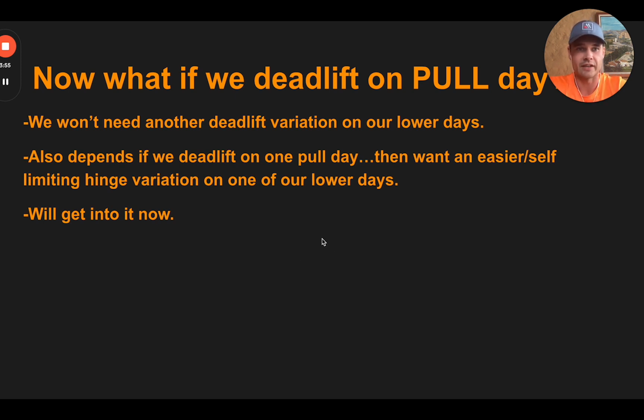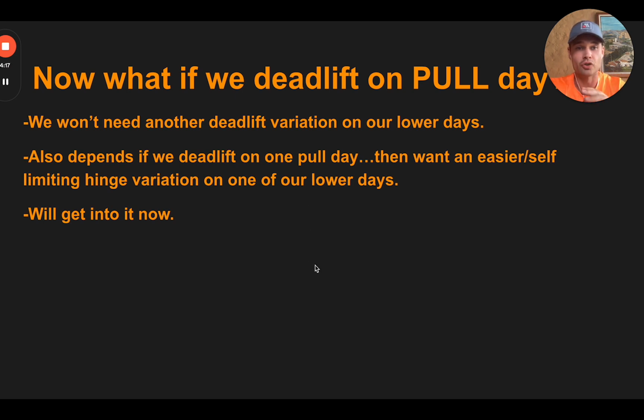For the sake of the video, I'm going to go with the example that I've done in the last videos, where someone is going to deadlift on pull day. So they're going to deadlift on pull day A, and then they're going to have their second deadlift variation on lower day B. Hopefully, you need to go back and watch the other videos for this deadlift part to make sense. There are many ways you can do this.